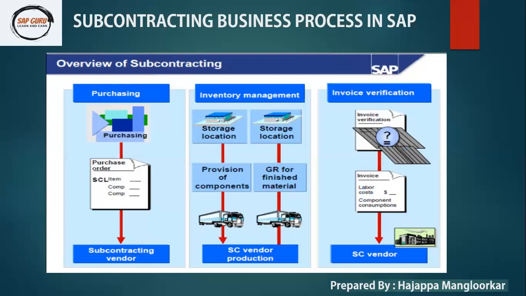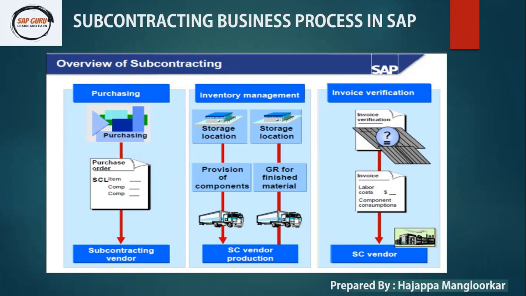Because there is no facility in our premises to do that process, we go with a subcontractor who will do this kind of process. The vendor consumes the components and makes the finished product. In some cases there is no consumption, and the raw material simply goes through some process and is converted into a semi-finished or finished product.